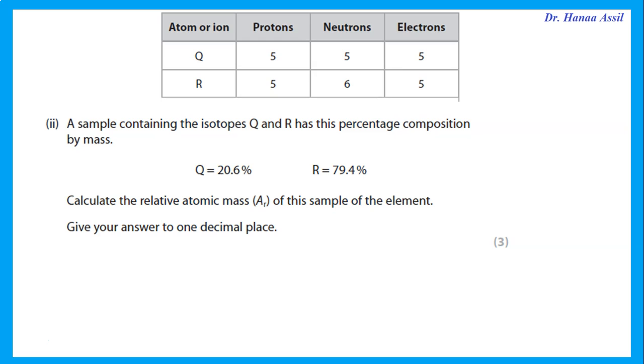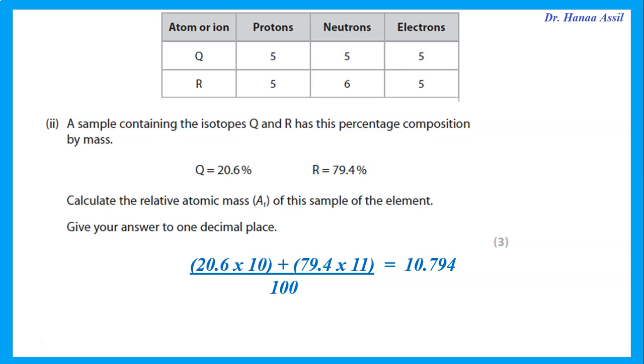A sample containing isotopes Q and R has this percentage composition. Calculate the relative atomic mass of this sample of the element. How do we calculate relative atomic mass from the percentages? Remember, it is the mass number times the percentage.